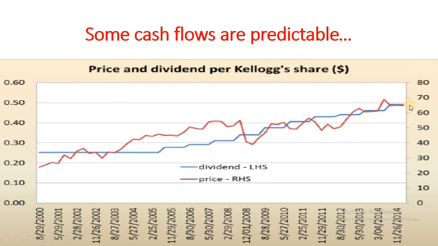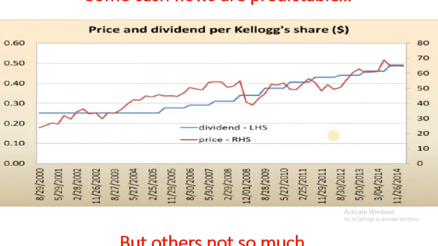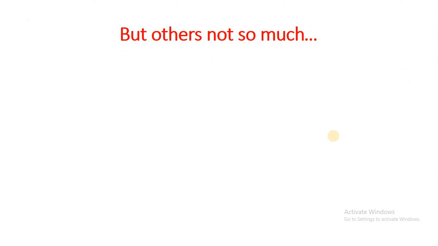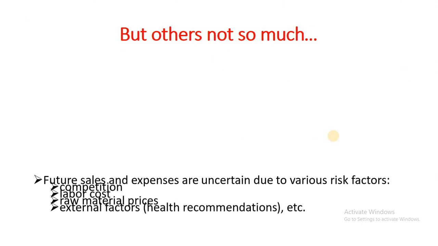So overall, from this trend, we can predict the future dividend payments or the future price of the share of Kellogg's because it's a long-term trend. So some cash flows are predictable, like Kellogg's is a renowned, established company. For these companies, we can predict their cash flows to some extent. But this is not always easy for other companies.